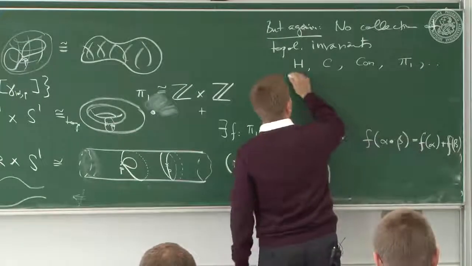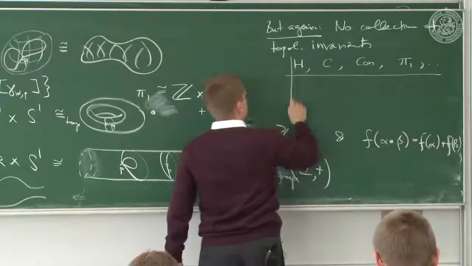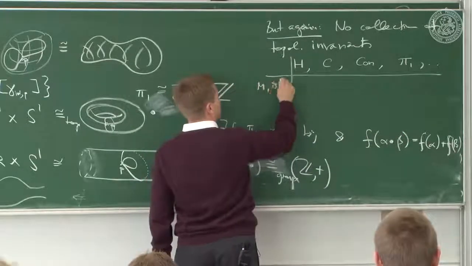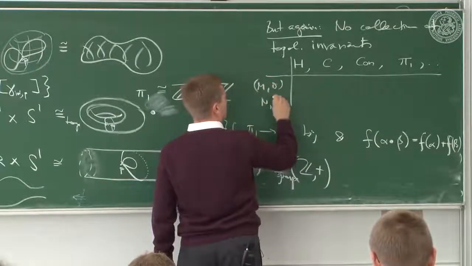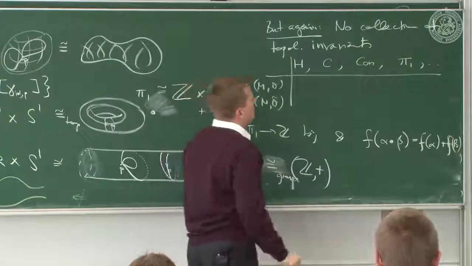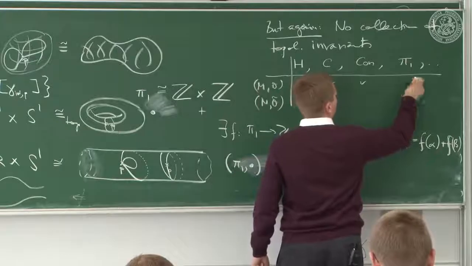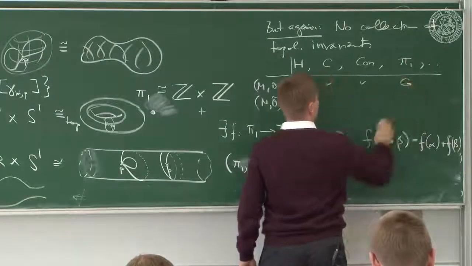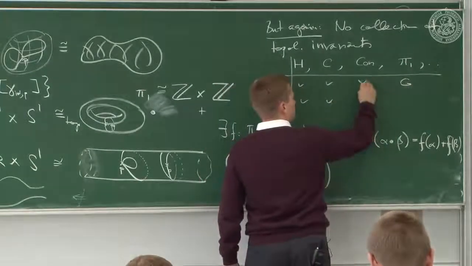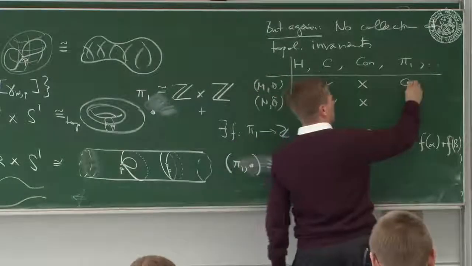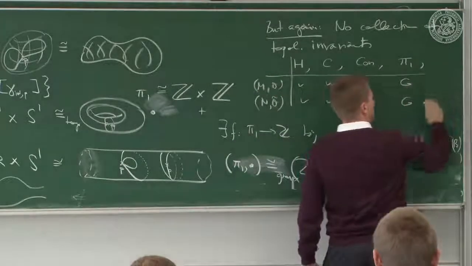No such list exists such that for two topological spaces M and N twiddle, you could check if they're all the same. Say this one has the group G, and this one also has the group G and so on.